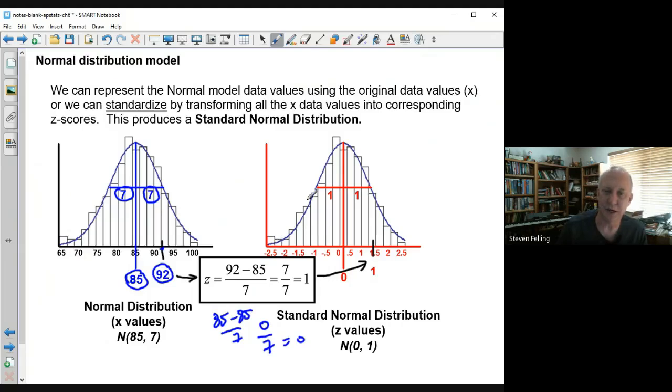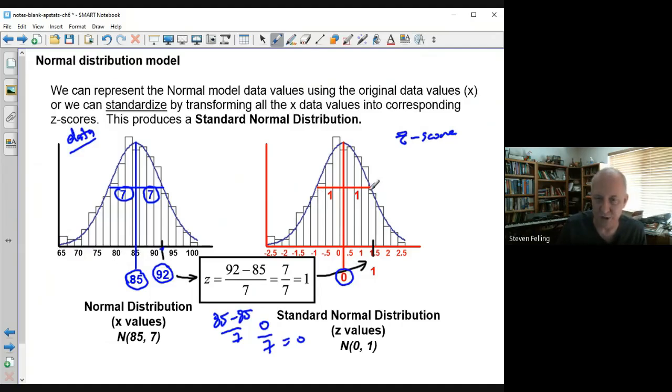So you can actually make a plot of the data, a normal distribution, but instead use the z-scores of the data instead of the original data. If you have the original data, you would be centered at the actual mean, but if you have z-scores, this would always be centered at 0, because the middle point is always 0 distance from the mean.